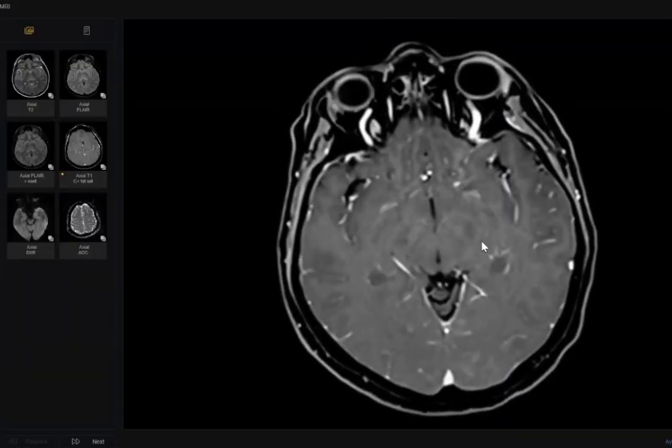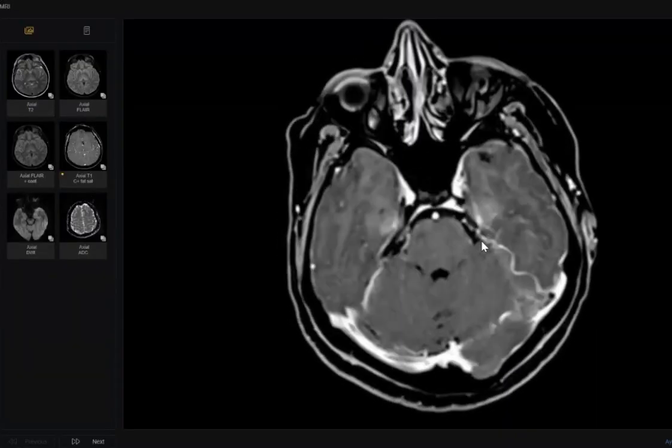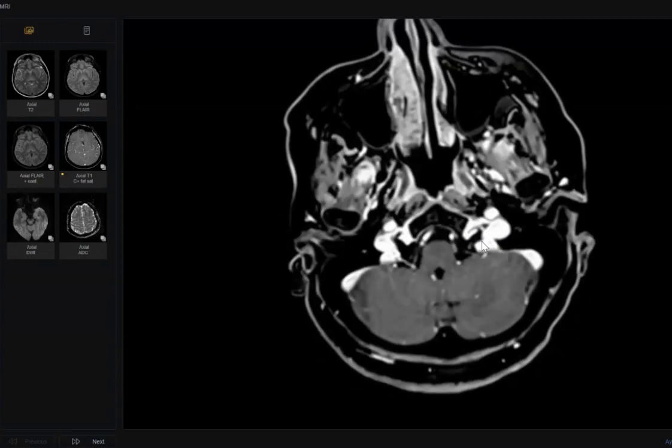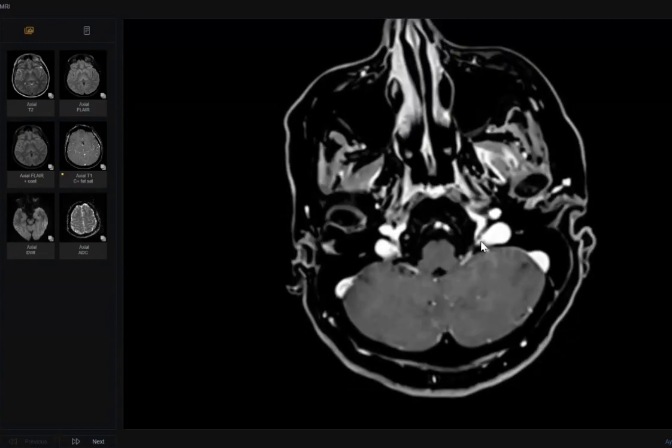There's some leptomeningeal enhancement noted. The vessels appear normal. So what's your diagnosis?